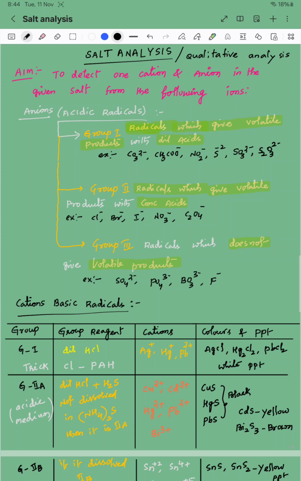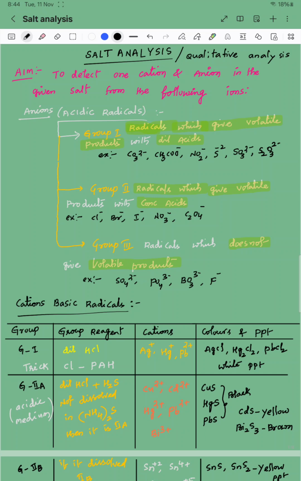So there is no intellectual question. Just read the notes properly, revise the notes, and practice the equations thoroughly, then you will get the answers easily, right?